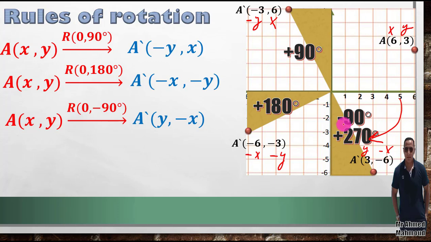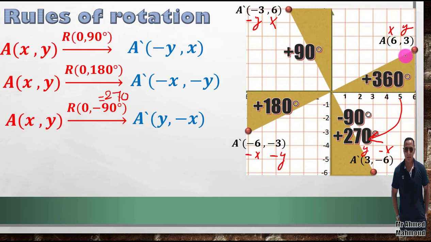So the rotation negative 90 and 270 equal positive 270 degrees. Negative 90 equal positive 270 degrees. Okay, and if I rotate the point 360, it goes back to its original position.